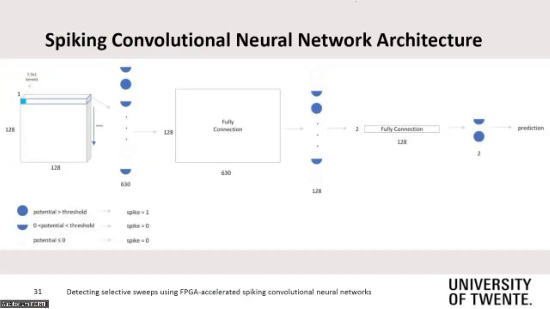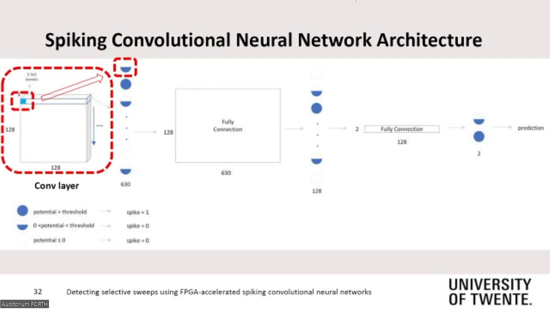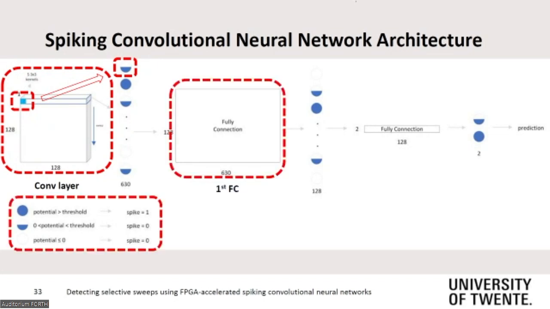Here is an overview of our spiking convolutional neural network. Our SCN consists of one convolutional layer, two spiking layers, and two fully connected layers. First, the outcome of the computational operations will be the input for the spiking neurons here, and when this potential is more than the threshold, the spiking neurons will emit spikes to the next layer, the fully connected layers.